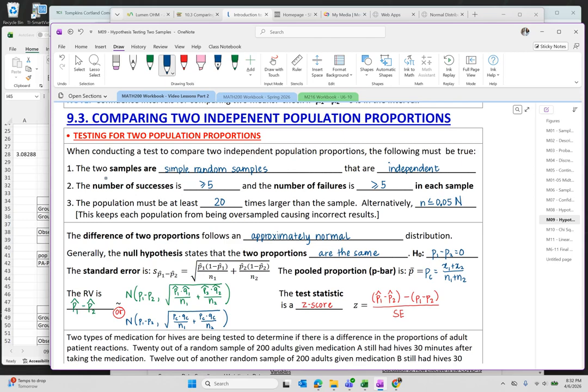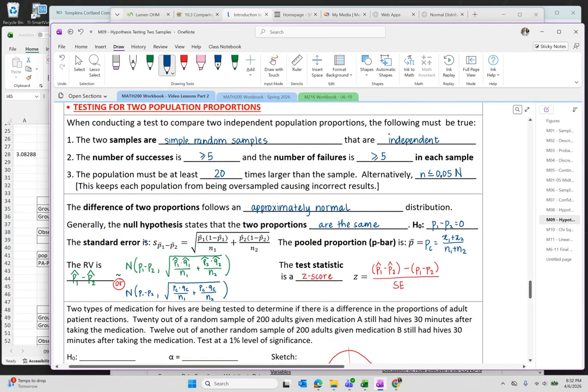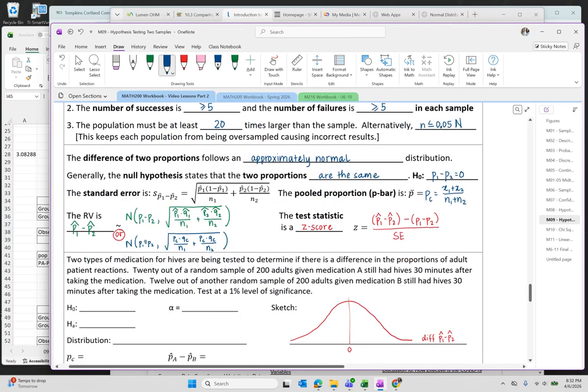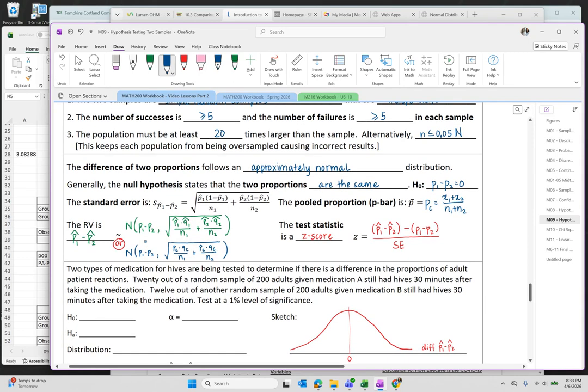The difference of the two proportions is the random variable of interest. It follows an approximately normal distribution. Generally, the null hypothesis will state that the two proportions are the same, and as a single value, that will be that the difference of the proportions p1 minus p2 is equal to 0.